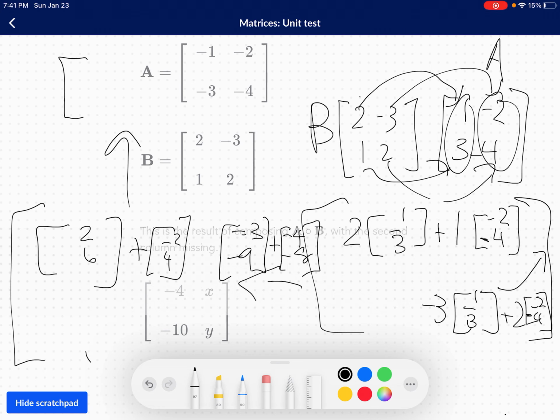Plus negative 2. 1 plus 2. Wait. I really don't want to mess this up.